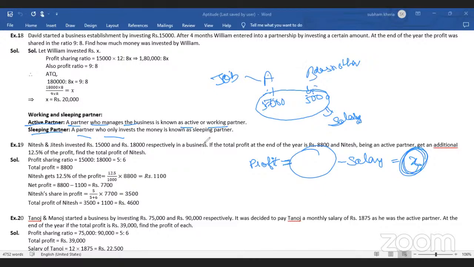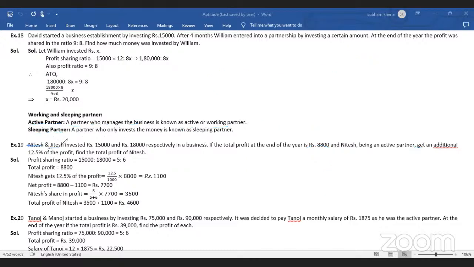Let's see with an example. Nitesh and Jitesh invested 15,000 and 18,000. Nitesh 15,000, Jitesh 18,000. Now, if the total profit at the end of the year is 8,800. Is it given for how much time Nitesh invested or for how much time Jitesh invested?